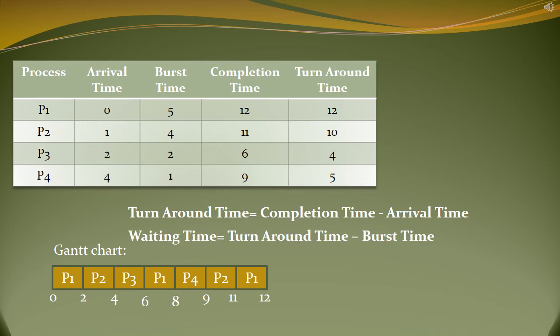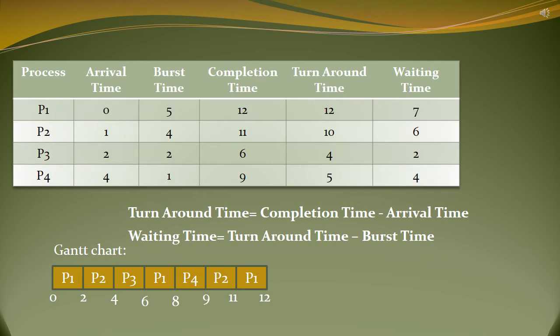To get the waiting time, the formula is waiting time equal to turnaround time minus burst time. So the waiting time for the process P1 is 7, because turnaround time 12 minus burst time 5 equal to 7.